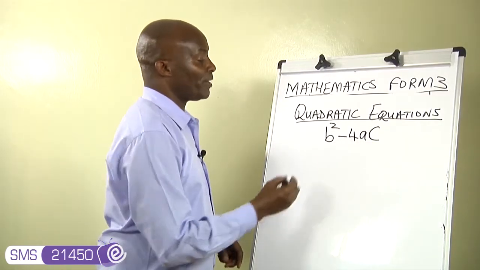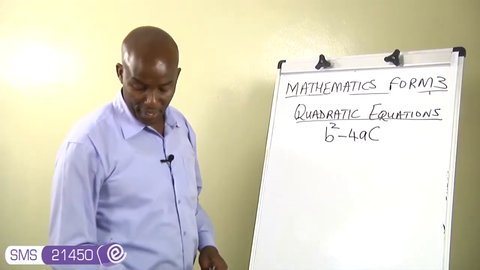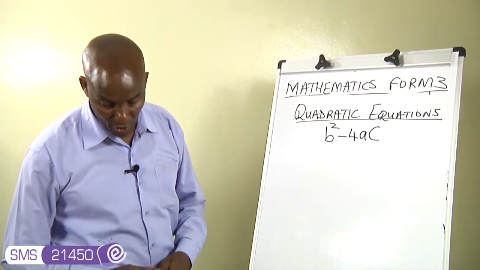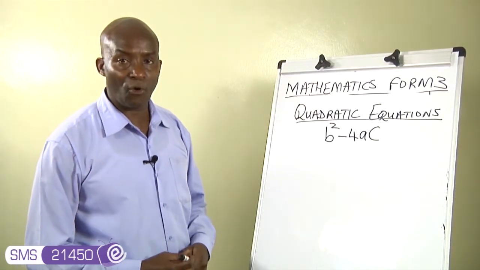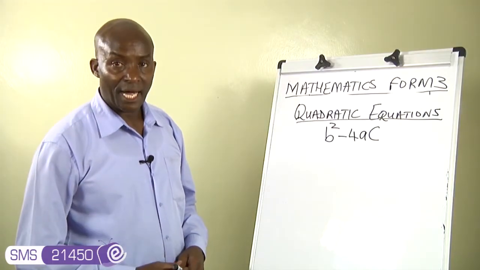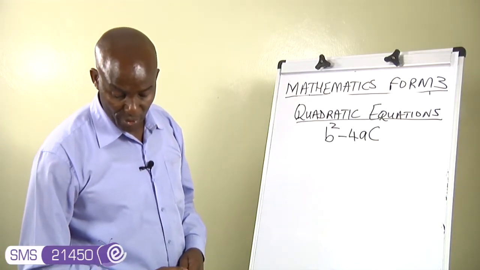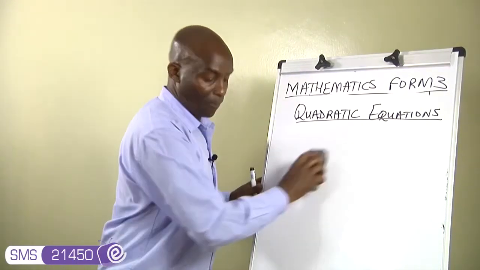Now, we talked about so many things about that, but in our today's topic, we are going to look at how to solve various kinds of questions that have to do with quadratic equations. So let's take one more question.